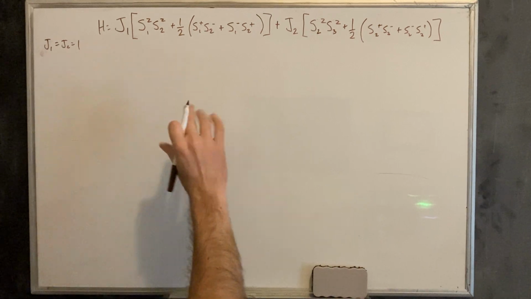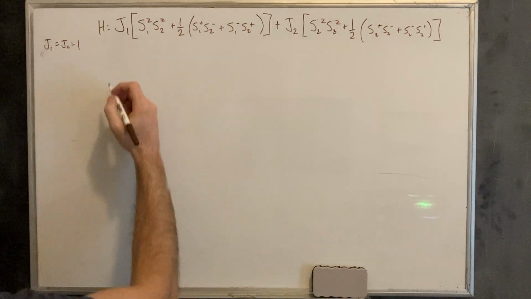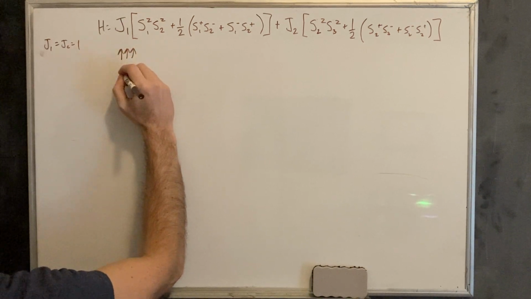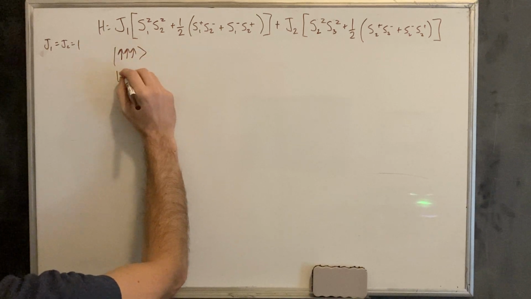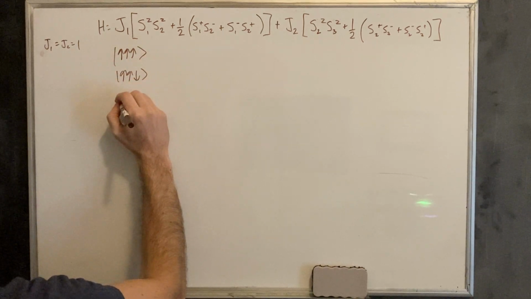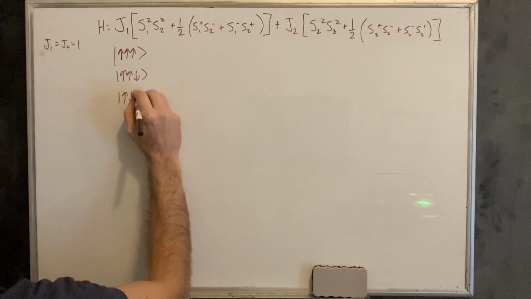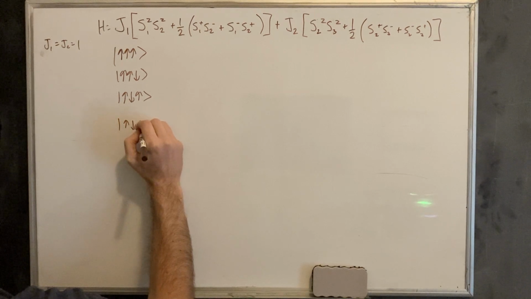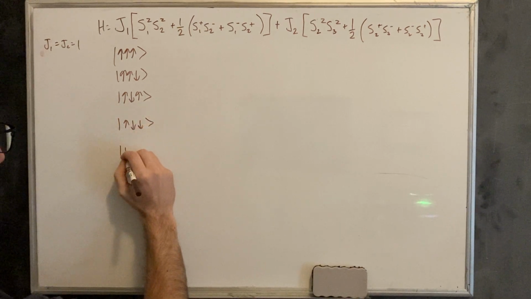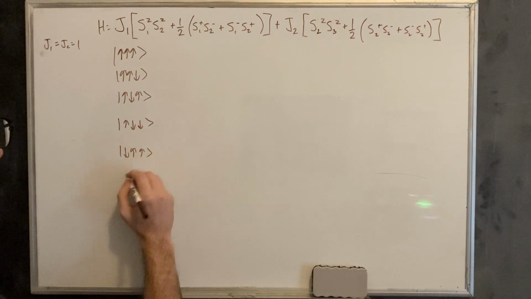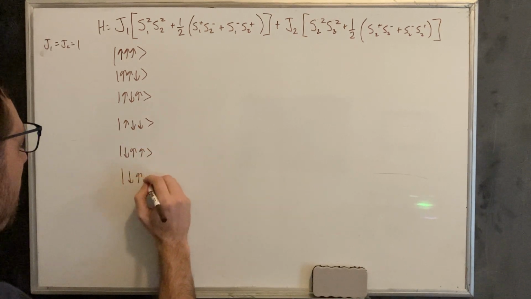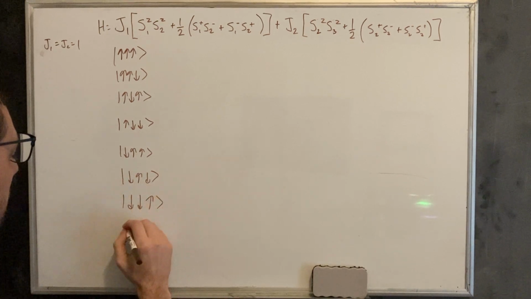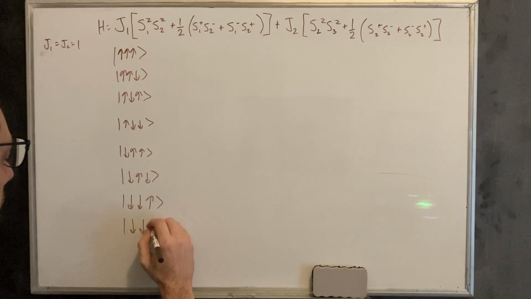So anyways, we've got 8 basis states with a 3-spin system. We've got up, up, up; up, up, down; up, down, up; up, down, down; and then down, up, up; down, up, down; down, down, up; and down, down, down.